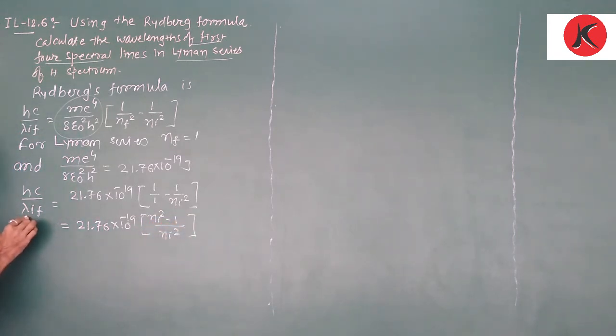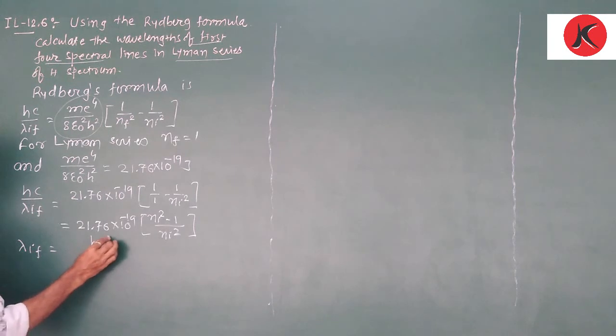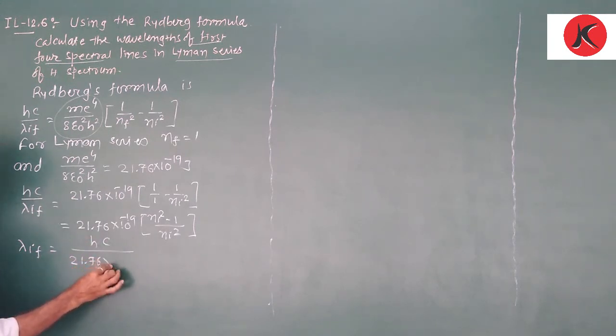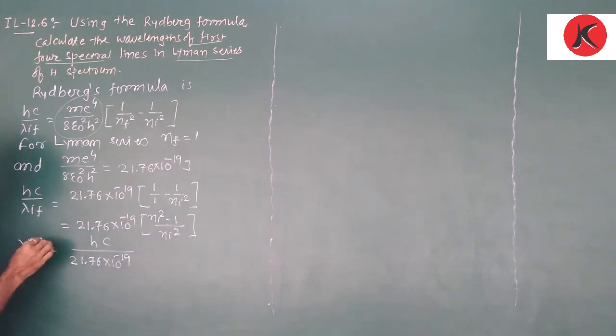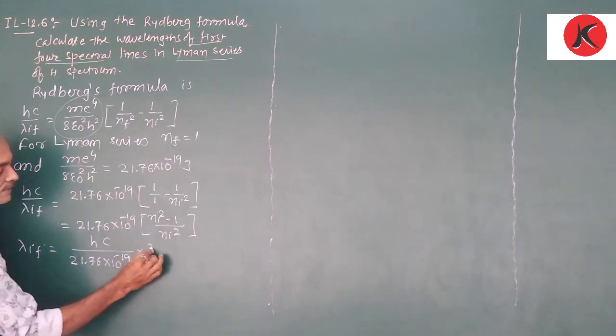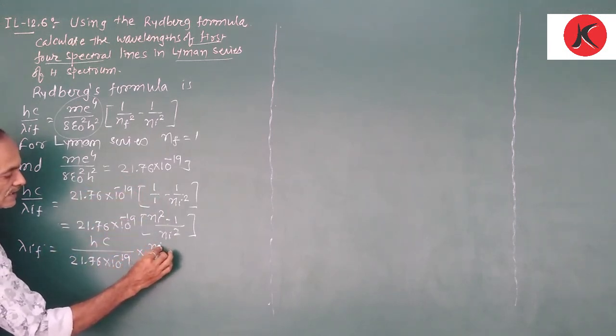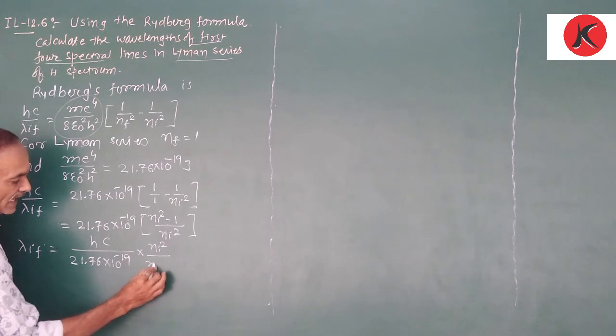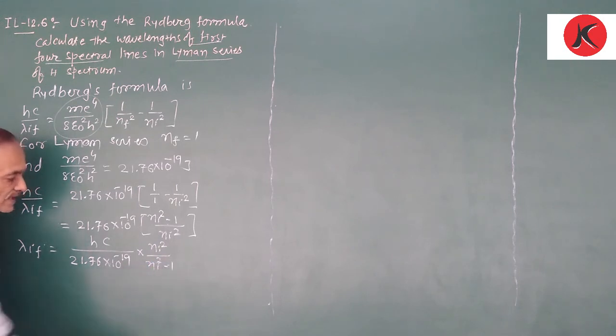We require the value of lambda if, so lambda if is equal to hc upon 21.76 into 10 raised to minus 19, and this term goes to the denominator, reciprocally multiplying Ni square upon Ni square minus 1.